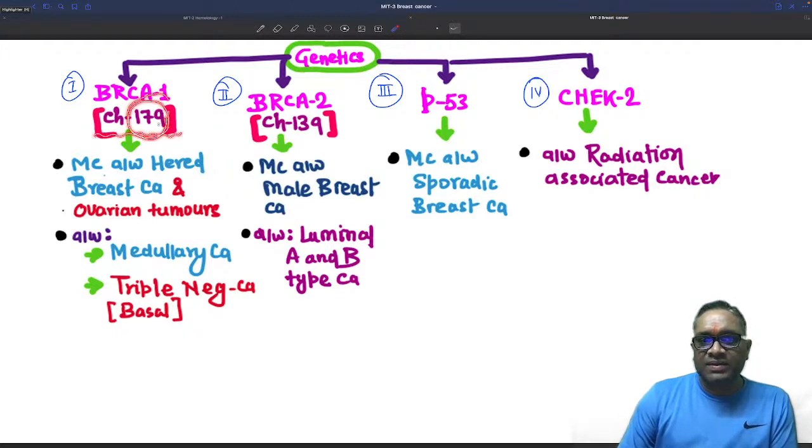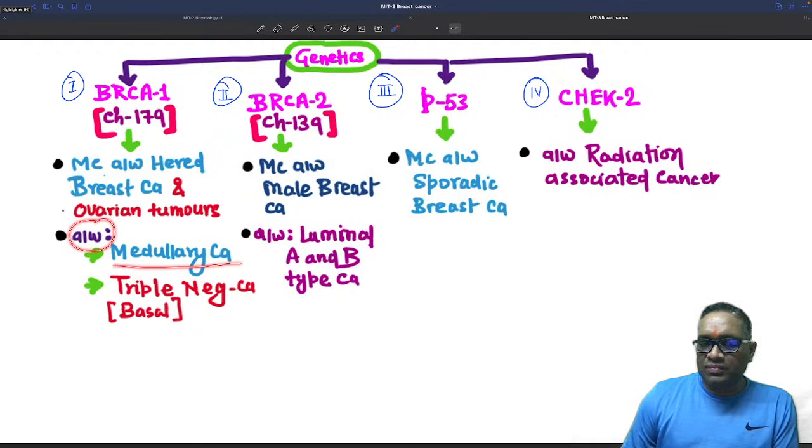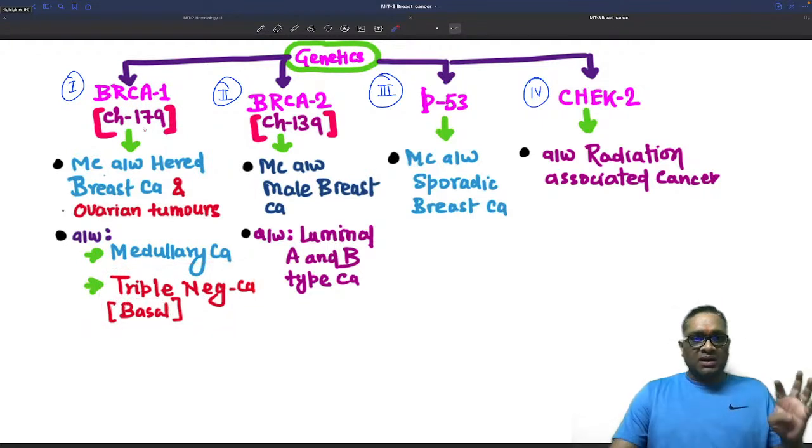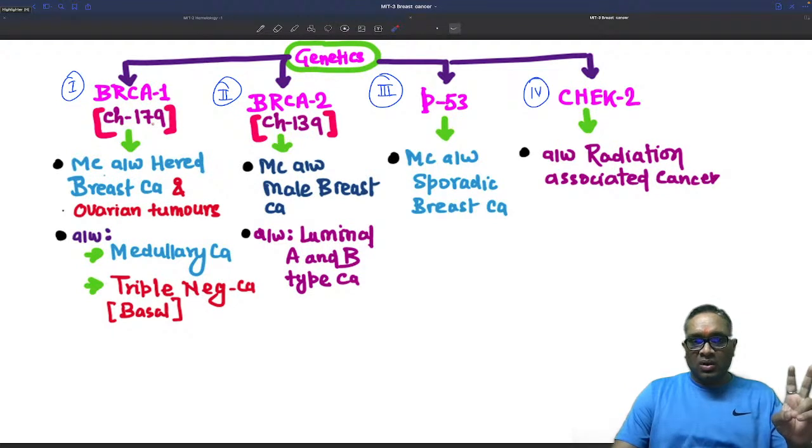Please remember it is 17 long arm, which came in the exam also. They are most commonly associated with breast cancer and ovarian cancer. They are also associated with medullary carcinoma of the breast, and in molecular classification these are usually triple negative basal type of breast cancer. So now you understand: BRCA1 is chromosome 17 long arm, hereditary breast cancer, ovarian tumor.